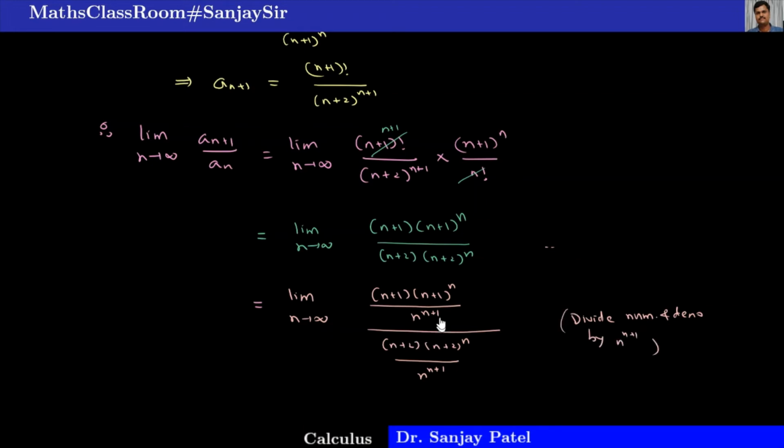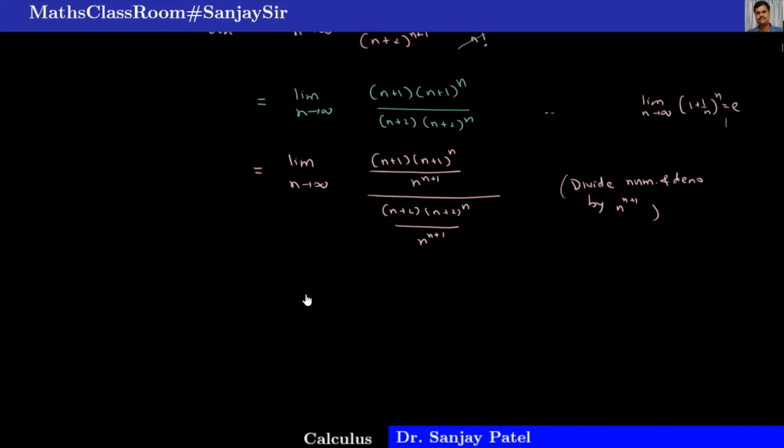Because we want to apply that result, as this is (n+1) raised to n, we want to use this result to find the limit. Limit n tends to infinity, (1 plus 1 upon n) raised to n is equal to e. This we are going to use here after some simplification. That you can see in a moment.